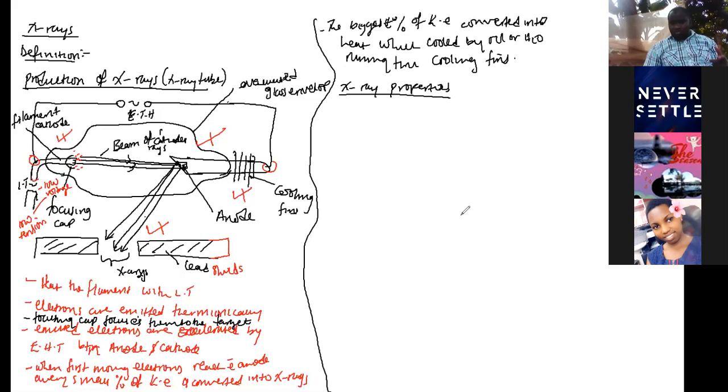They travel at a speed close to that of light. I think we know that one, though you had forgotten. It affects photographic plates. If you or your parents have been to hospital, they come back with what we call a photographic plate. So they are affected by X-rays.